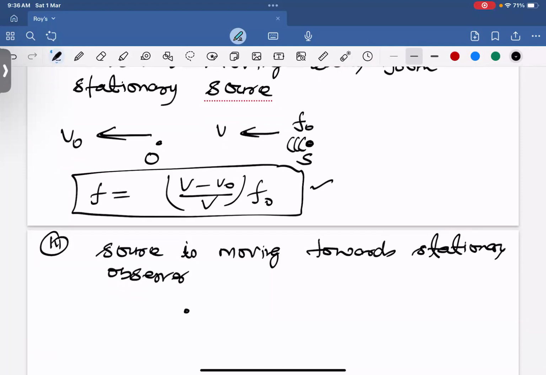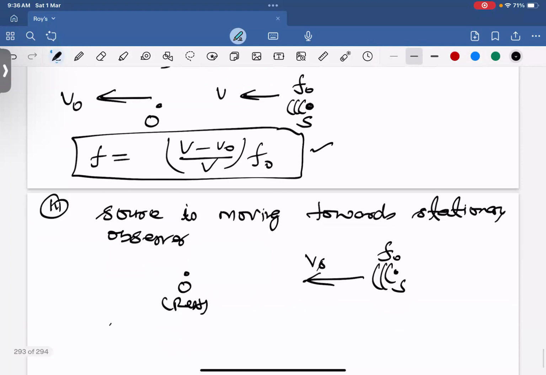If this is the observer, it is at rest, and the source which is creating frequency f naught is moving with the velocity vs. The source effect you will see in the denominator.